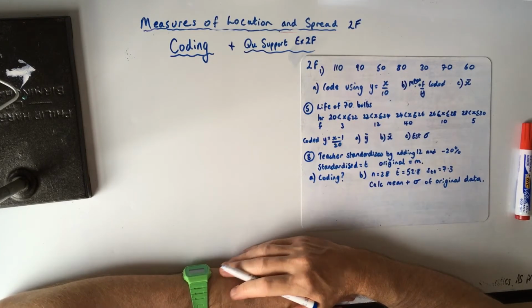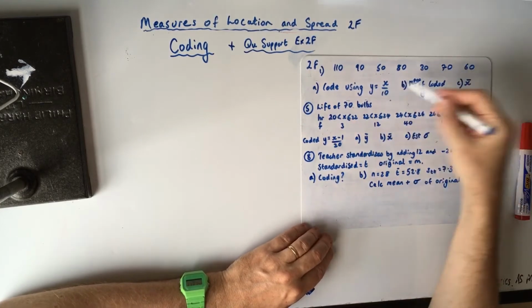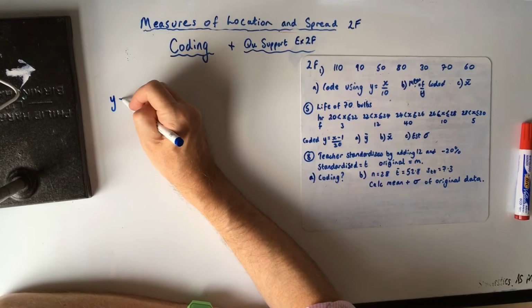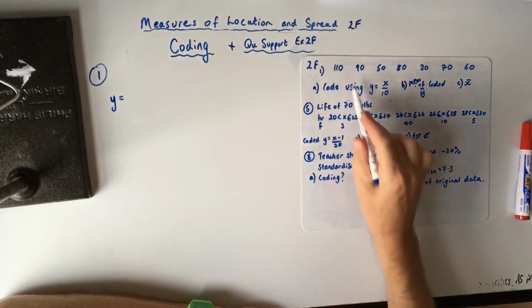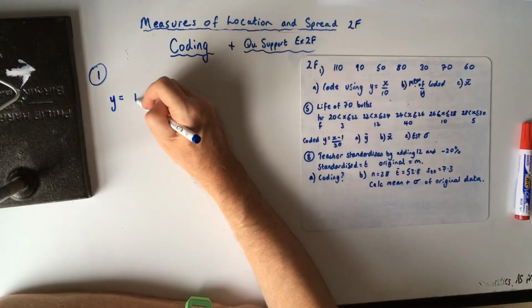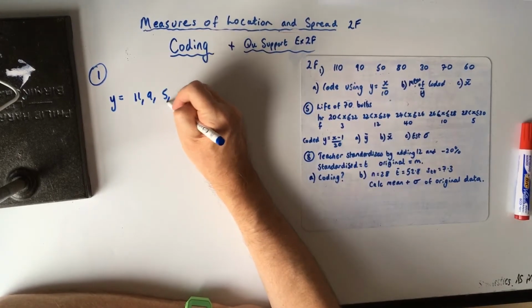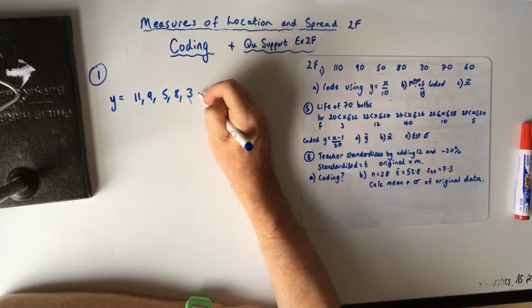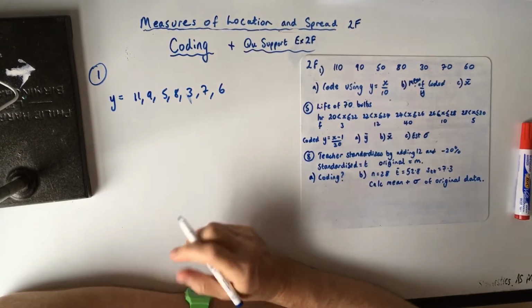Okay, so if we code this data using this formula, if x is equal to those numbers, then y, this is question 1, y is these numbers divided by 10. So that's going to be 11, 9, 5, 8, 3, 7 and 6.